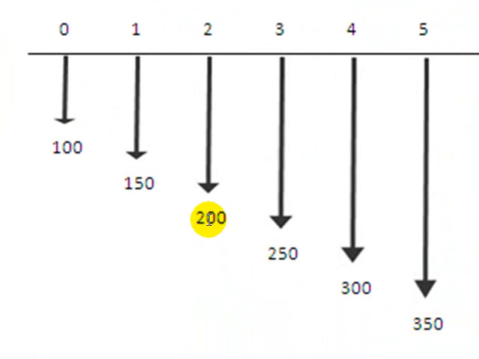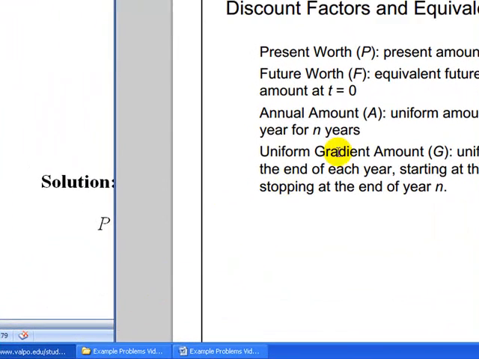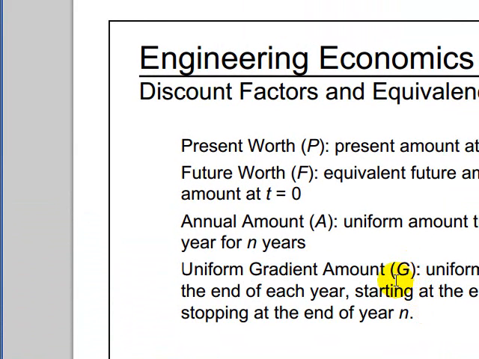So we can see that each year the amount that we are spending is increasing by $50, right? So what does that mean? That means there is another letter that indicates the uniform gradient amount, G. It is very similar to the concept of A. In the case of A, it was a uniform amount.